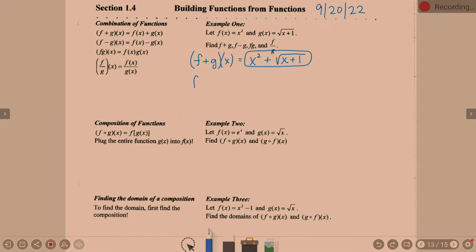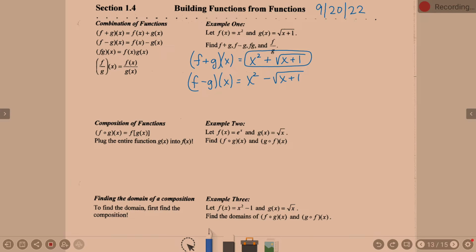So what does that say about f minus g of x? Same thing with the subtraction sign. In other words, f is x squared, this is minus, and g is the square root of x plus 1.